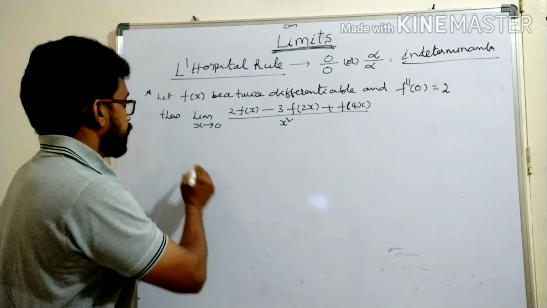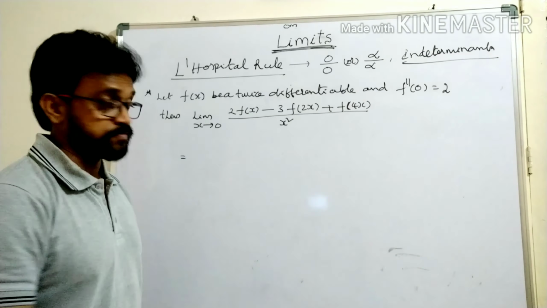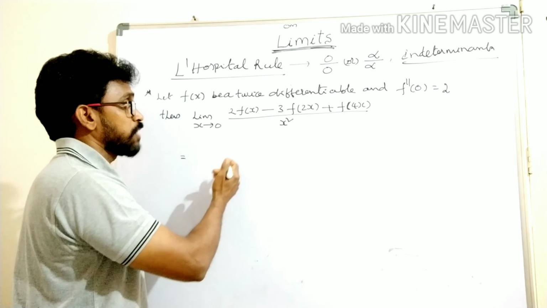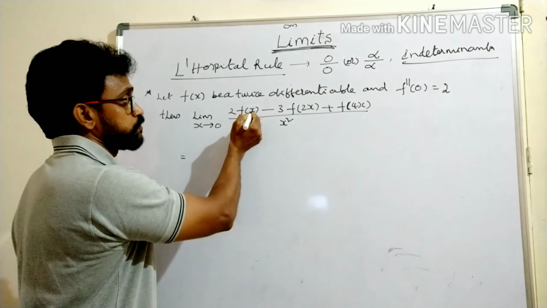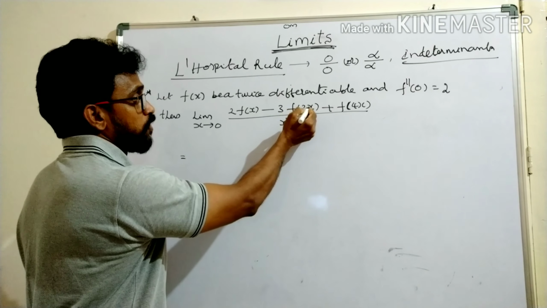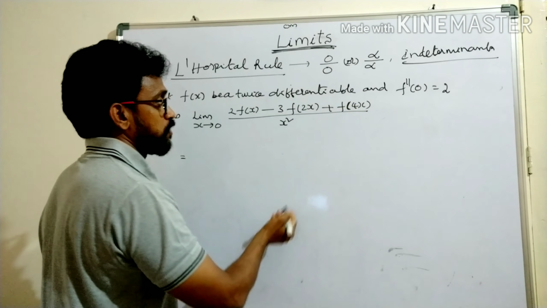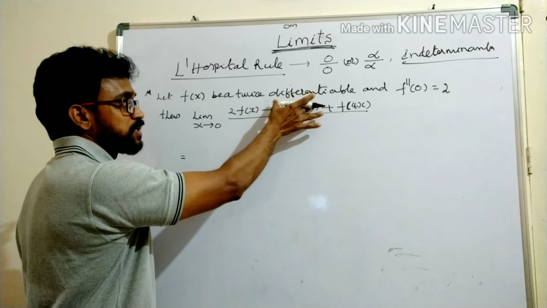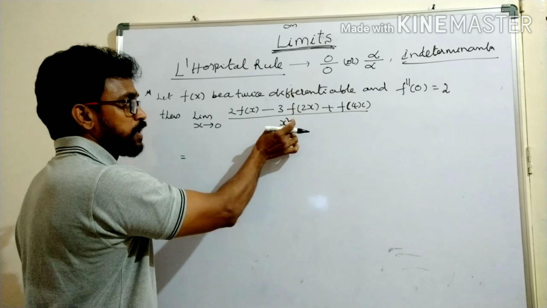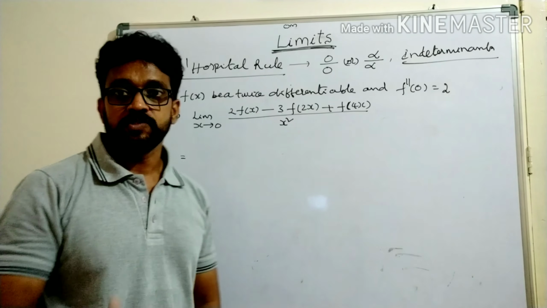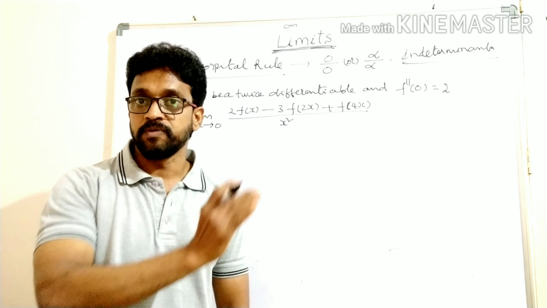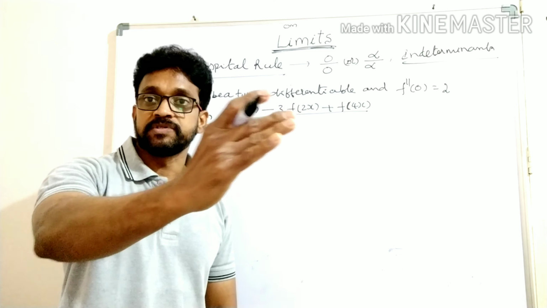Right. Now, first the primary observation. Replace x by 0, what happens? 2 into f of 0, 3 into f of 0 plus f of 0. Very clear? Everything cancels, 0 by 0 form. So we can't say its value. What does this function approach?